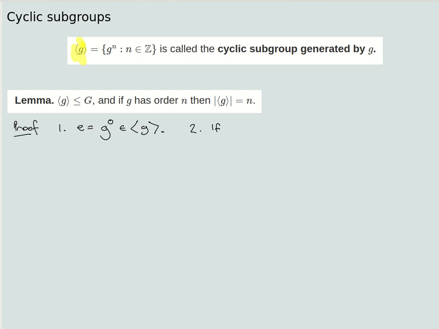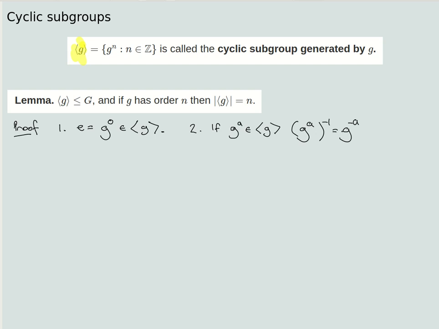Well, if you have an element of this cyclic subgroup, it looks like some integer power of the element g. So if you have this power g to the a, well, what's g to the a, inverse? It is g to the minus a. You can check that. If you multiply g to the a by g to the minus a, what you get is g to the 0 by the exponent laws, and that's the identity.